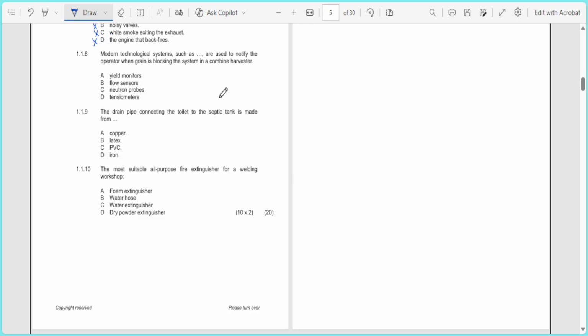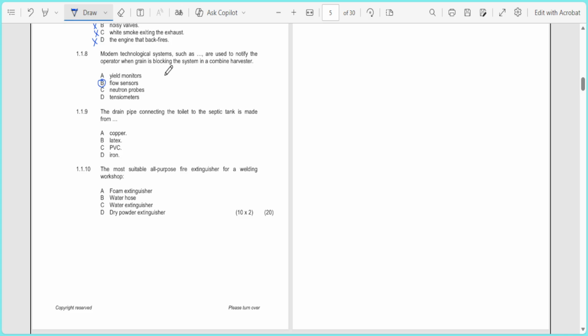Modern technological systems such as are used to notify the operator when grain is blocking the system in a combine. Okay, you know what? For this one, I'm going to go with B. All right, let me reason against the remaining options. A, yield monitors.